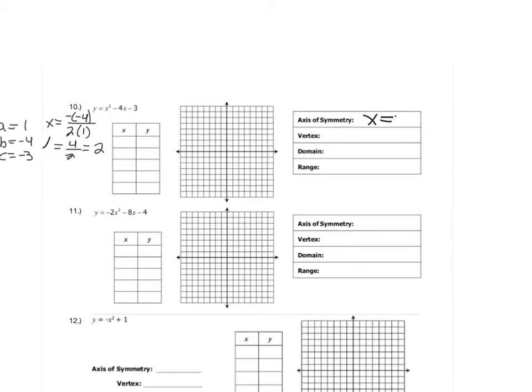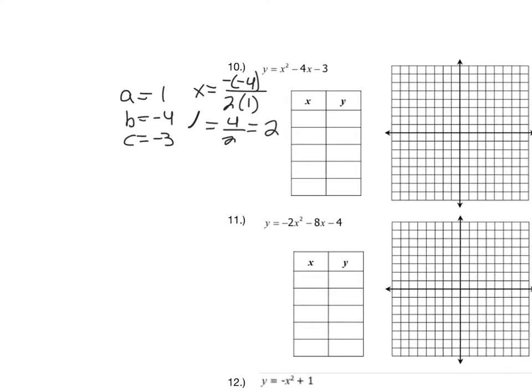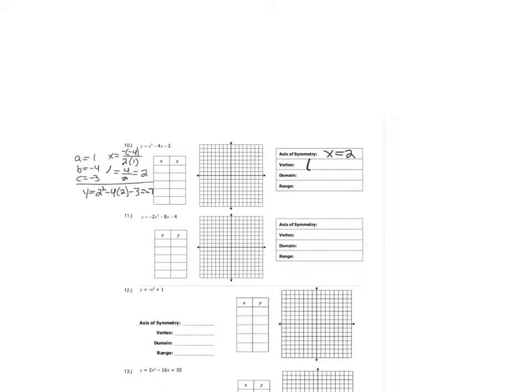X equals 2. Now, to find the vertex, we just plug in 2 in the equation. So that's going to be y equals 2 squared minus 4 times 2 minus 3. And that'll give you the vertex, where the y-coordinate would be negative 7. So that means your vertex is going to be 2, negative 7.